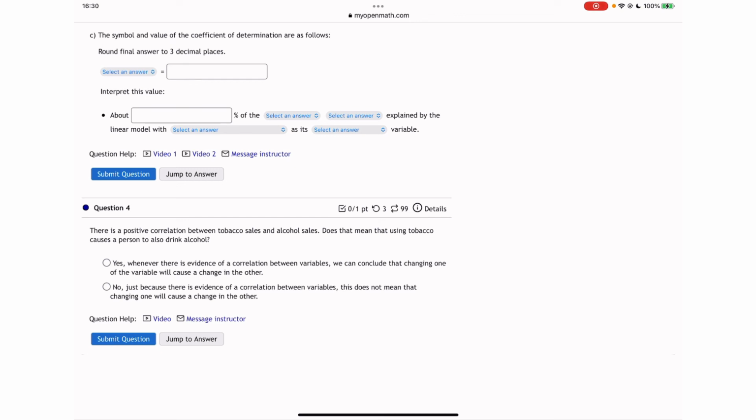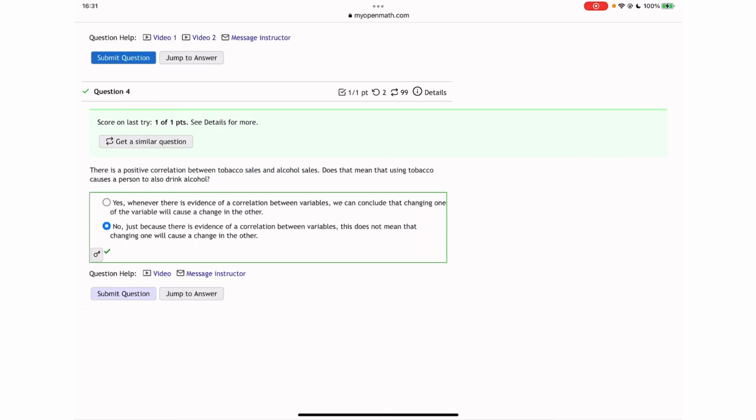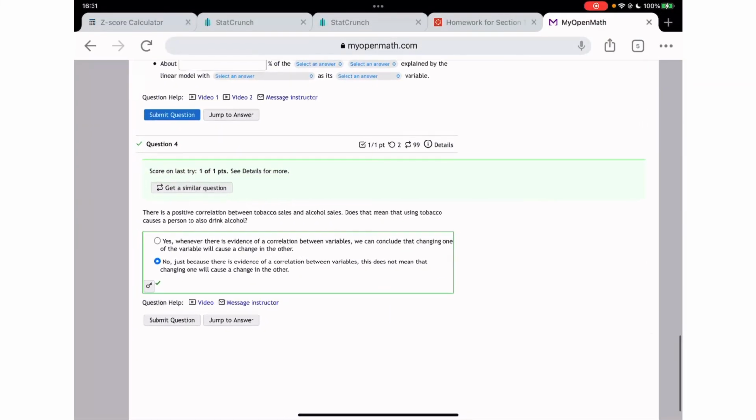But some people smoke a lot, but they don't drink that much, which means no. Just because there is evidence of correlation between variables, it doesn't mean that changing one will cause a change in the other. And I insist on that answer. Bingo. Okay, this is 10.2.